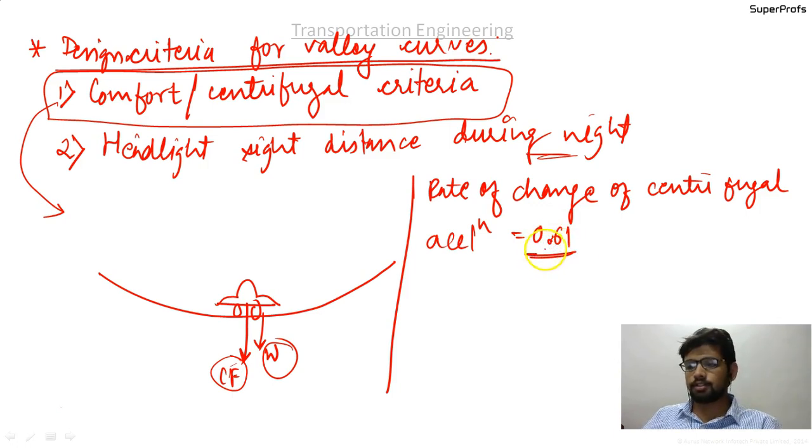No other value than this, 0.61 meters per second cube.